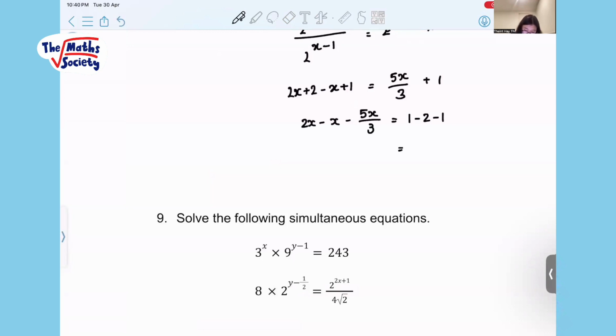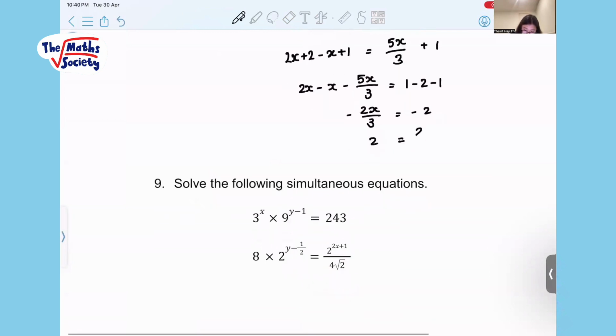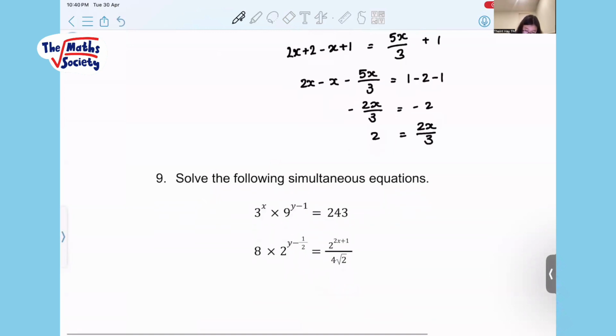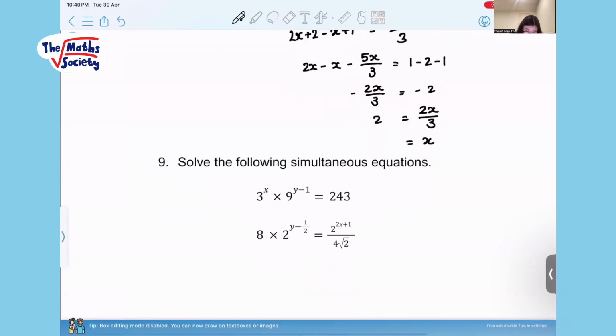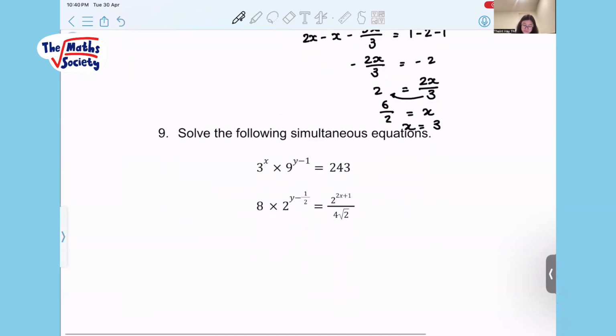So you have minus 2, then you have minus 2x by 3. Yeah. So it's just 2 equals 2x by 3. And then you have x equals 6 by 2, and then x is just equal to 3 now, because it goes multiply 3 to 6 and then divide by 2 again, so you get 3.